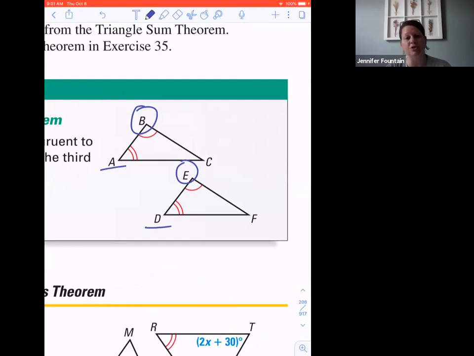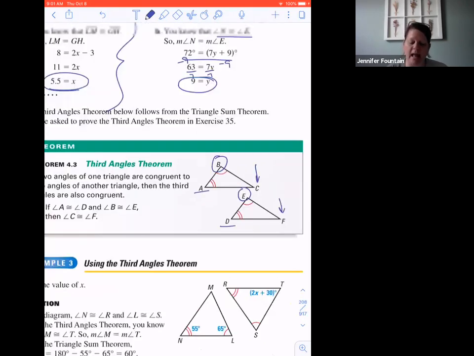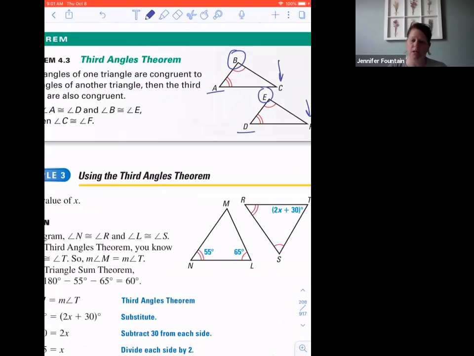So if I already have two congruent angles, then I know that C and F will also be congruent. Okay, so that is called our third angles theorem.